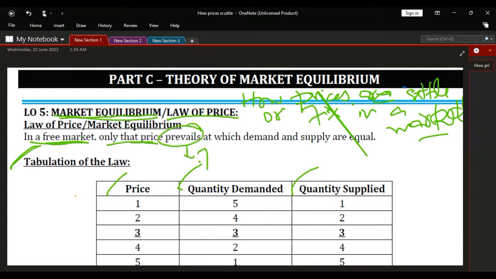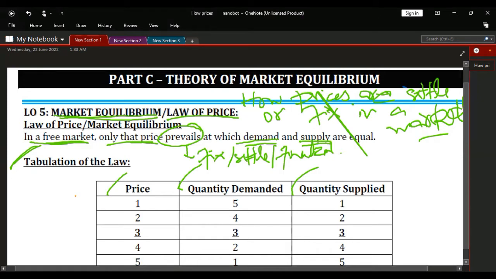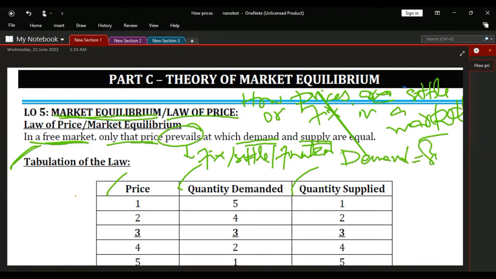Prevail means fix or settle or finalize, at which demand is equal to supply, means the point or the level of satisfaction at which demand is equal to supply is called equilibrium level, and the price at that point is called market price, and such point is known as market equilibrium.